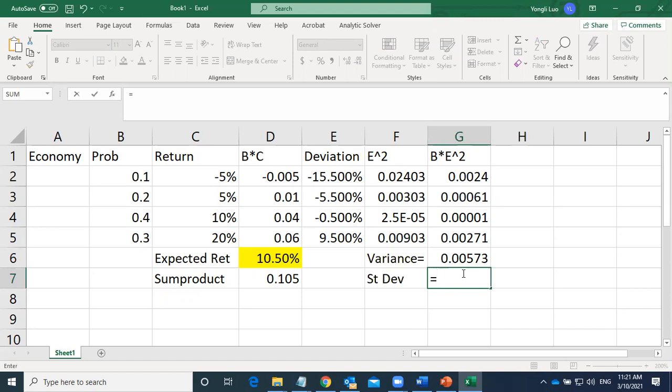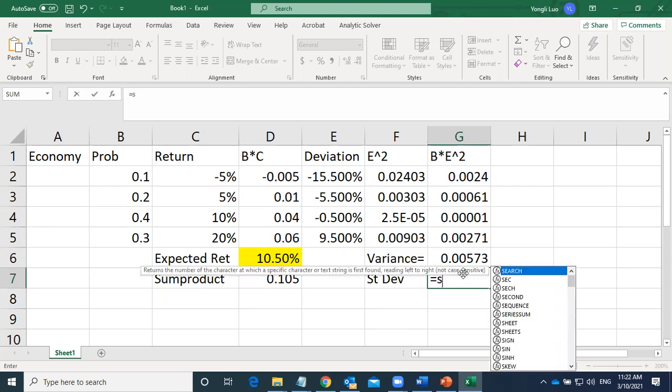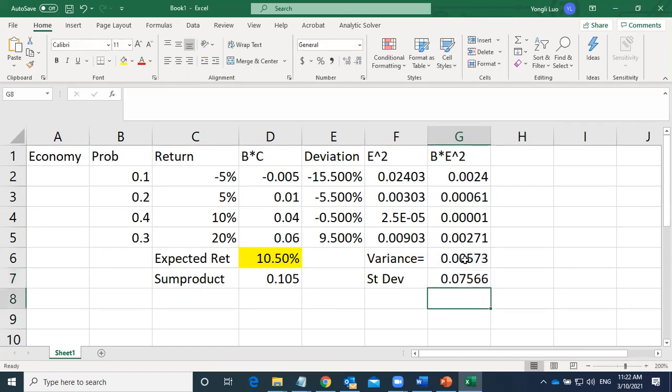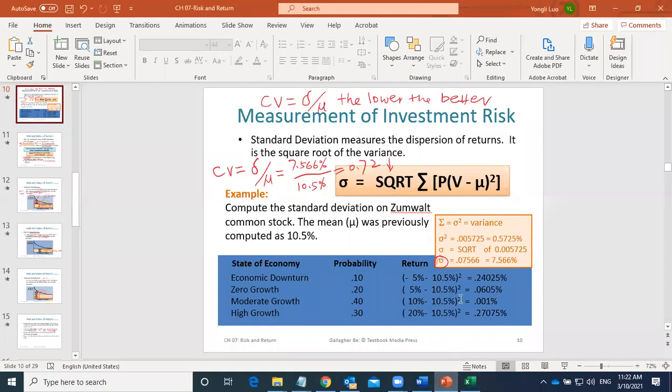So now we calculate the standard deviation, which is delta, equal to the square root. The function is called SQRT. Get the square root of the variance. This is your delta, which is the standard deviation, 0.07566.